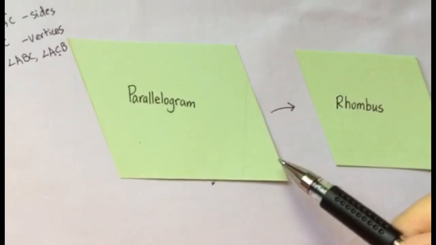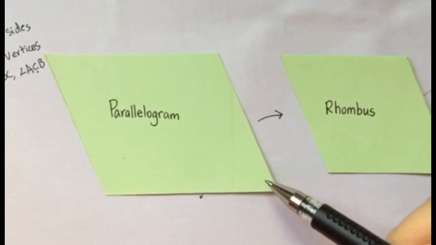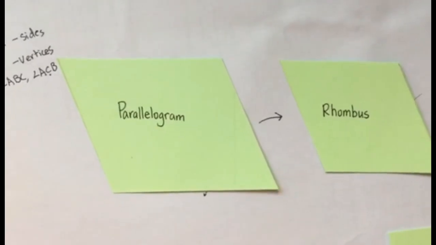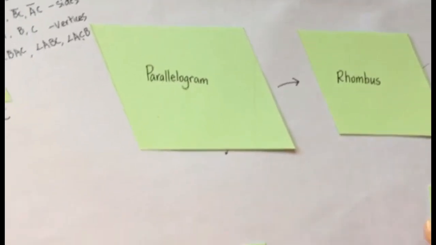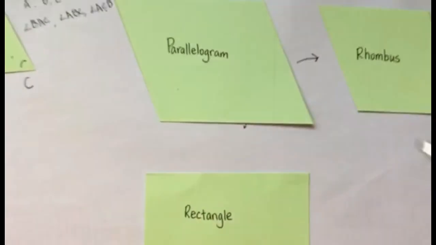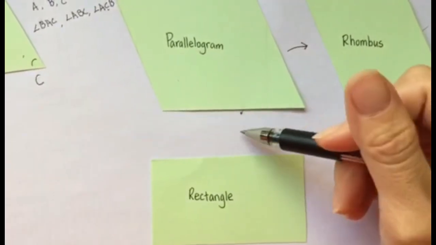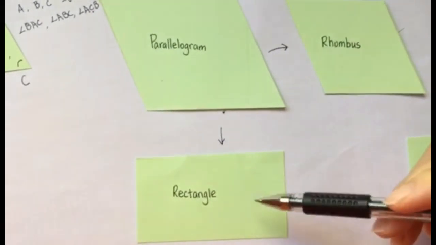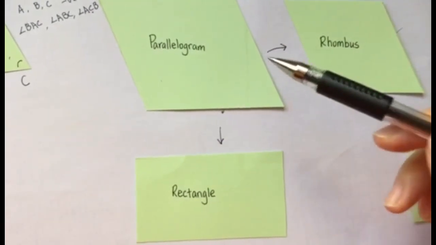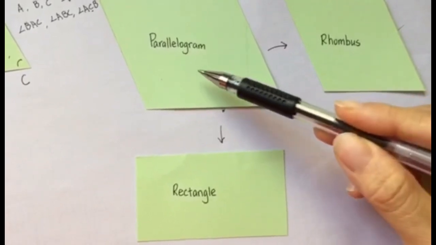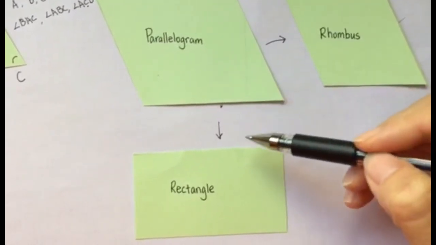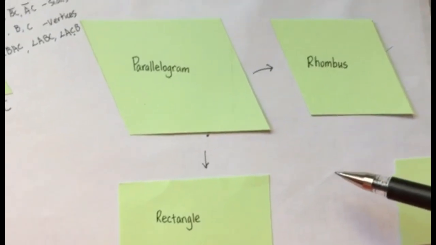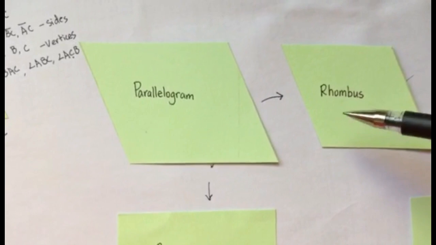And when the angles of the parallelogram are right angles, you know what they're called, right? They are called rectangle, which we all know very well. So this rectangle is still a special type of parallelogram because the opposite sides are parallel to each other, same as the rhombus.